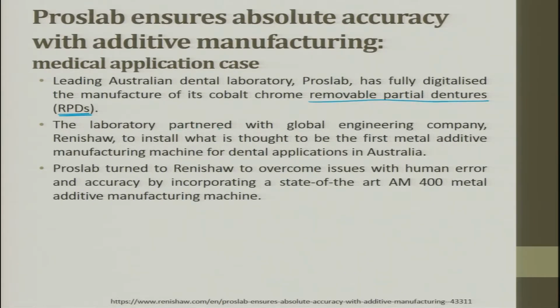The laboratory partnered with global engineering company Renishaw, who is very famous for making probes, to install what is thought to be the first metal additive manufacturing machine for dental applications in Australia. Okay. This can be used for old people, sportsmen, artists, whatever it is. So, they have started making removable partial dentures.